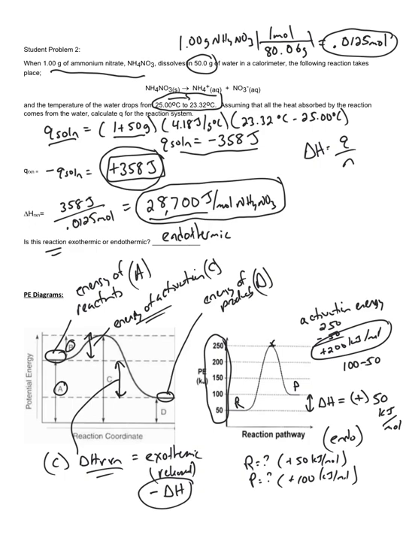So it takes an activation energy of around 200 kilojoules per mole for there to be enough energy to cause the reactants to form products. The higher the activation energy is, the more unlikely that reaction will occur. And if it does, it'll go very slowly because of the amount of energy needed.